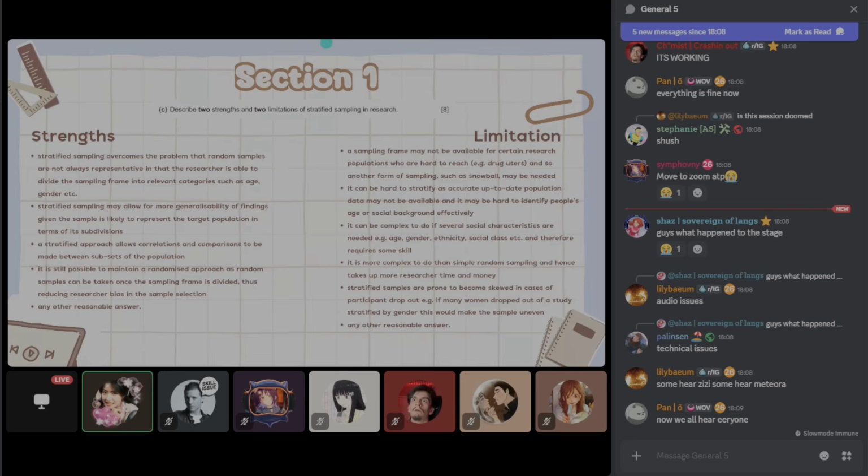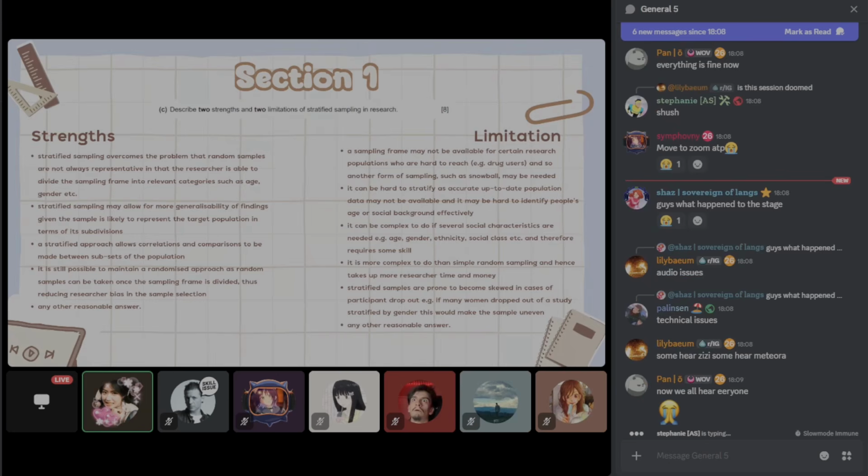For the limitations, a sampling frame may not be available for certain research populations who are hard to reach, such as you can read there. And so another form of sampling, such as snowball sampling, may be needed. It can be hard to stratify, as accurate, up-to-date population data may not be available, and it may be hard to identify people's age or social background effectively.